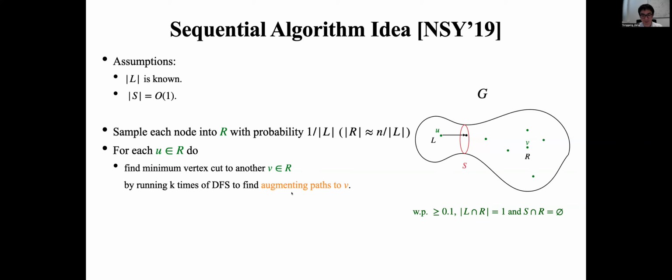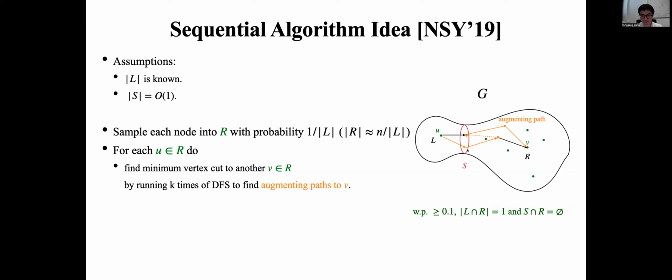And by running augmenting paths, I mean to run the DFS in this way until it reaches another node V. And in the next iteration, the DFS should not visit the vertex twice. So if it reaches the vertex, it is forced to come back and then continue the DFS. And this is considered augmenting paths.